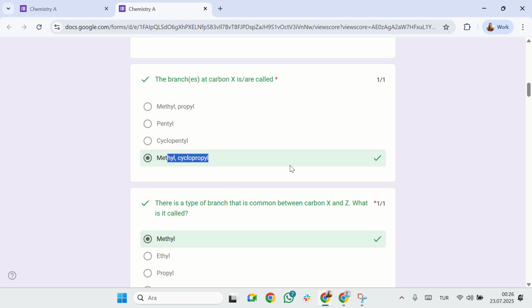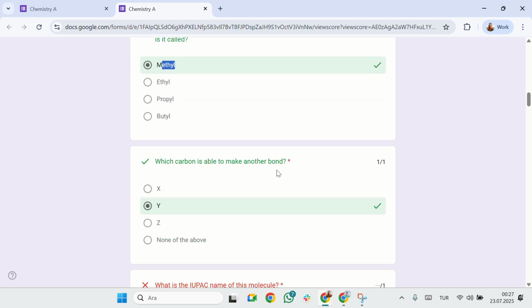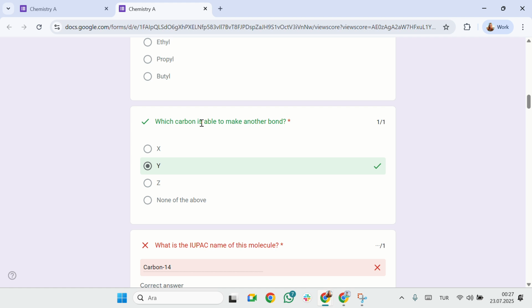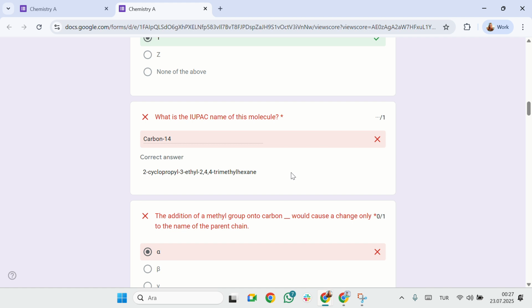Okay, turns out I was correct about this, and I was correct about it too. Which carbon is able to make? Okay, this is nice. Oh my god. 2 cyclopropyl 3 ethyl. Okay.